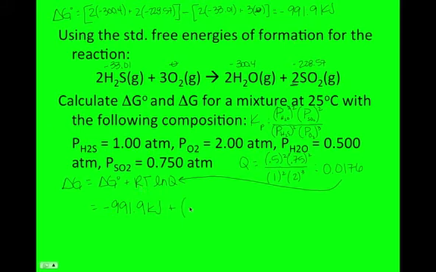So I'm going to say that R is 0.008314 kilojoules per mole Kelvin. Multiply that by the temperature, and it says that the temperature is 25 degrees Celsius, so that's 298 Kelvin. And then we multiply it by the natural log of 0.0176 because it's the natural log of Q.